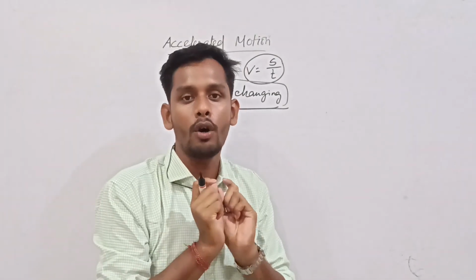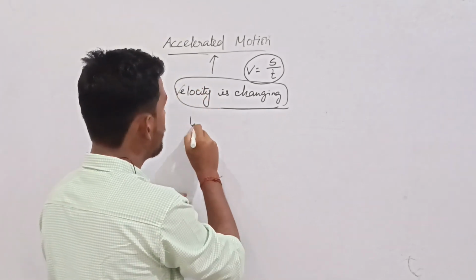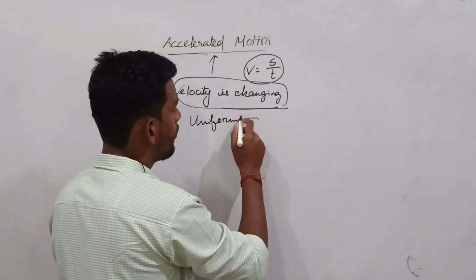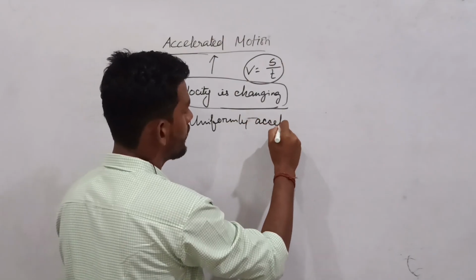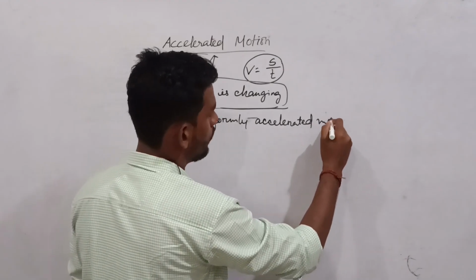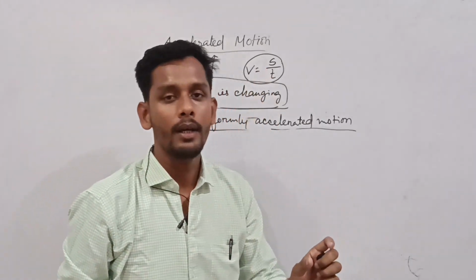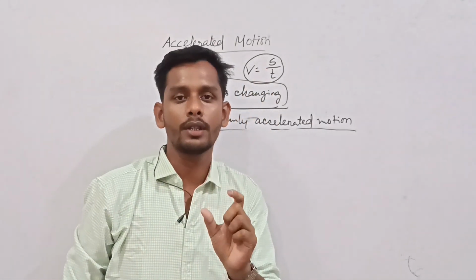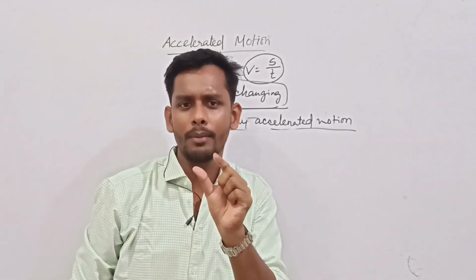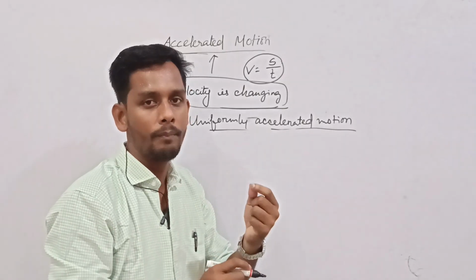If the change is constant, then that change of velocity is called uniform acceleration, uniformly accelerated motion. Uniformly accelerated motion means when the velocity change is constant, that means in a unit time interval the velocity is changing uniformly.